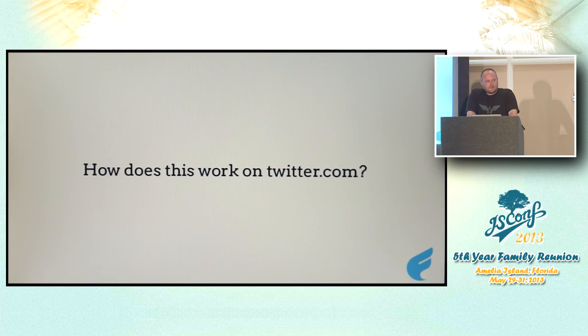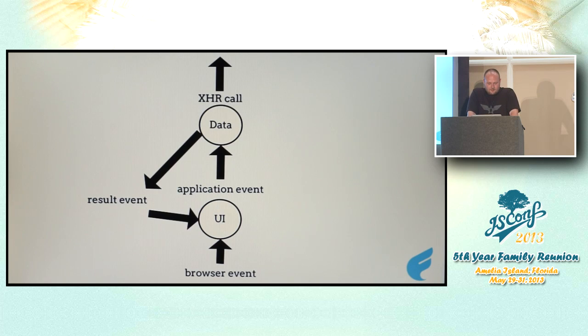So how do we apply this to Twitter.com and something that is non-trivial? Well, essentially, what we've done on top of this is have this reasonably hard separation between UI components and data components. We wanted UI components whose only job is to manipulate the UI.